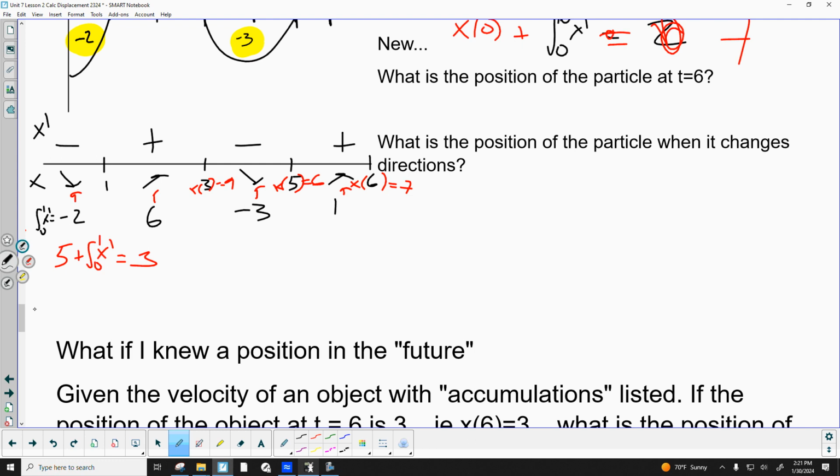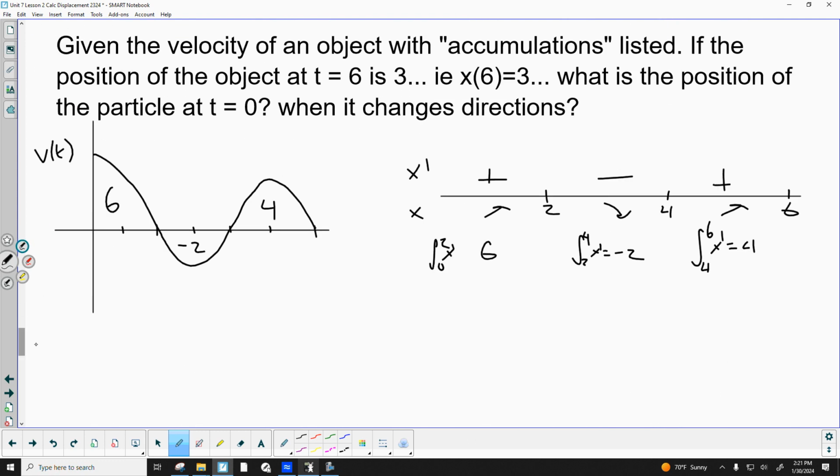I know a position at time 6. What do I do to get, say, my position at time 4? Well, I have to add 4 to get my position at time 6, which is 3. Where must I come from?